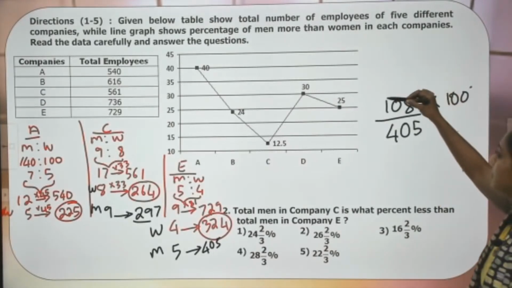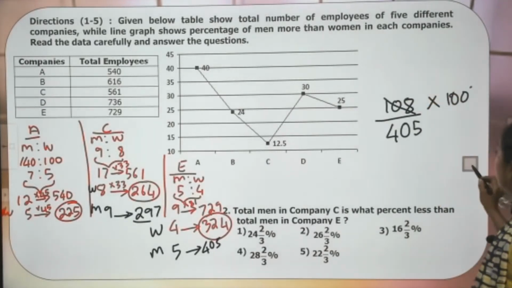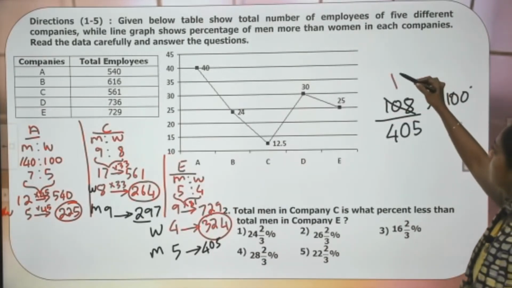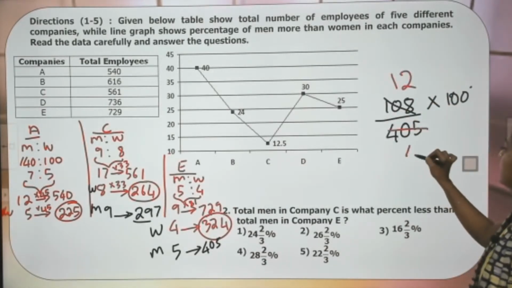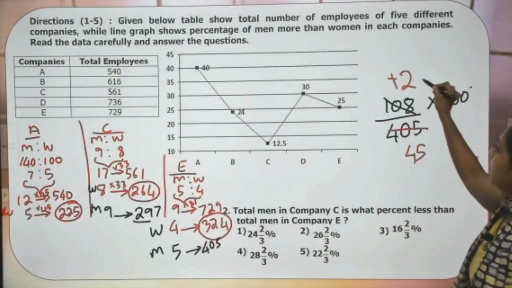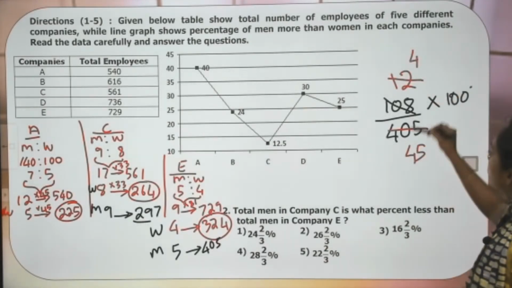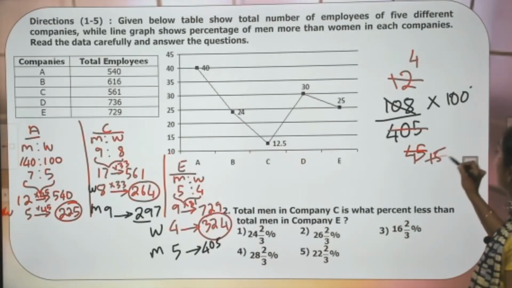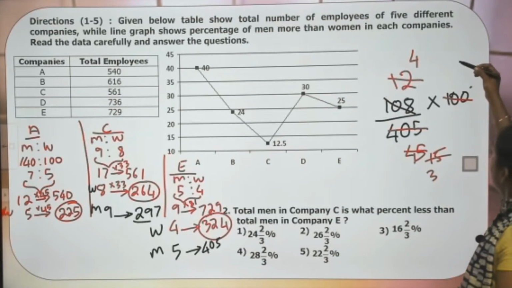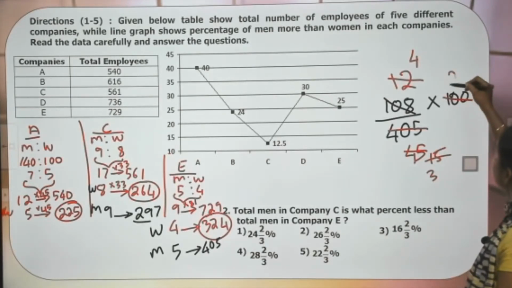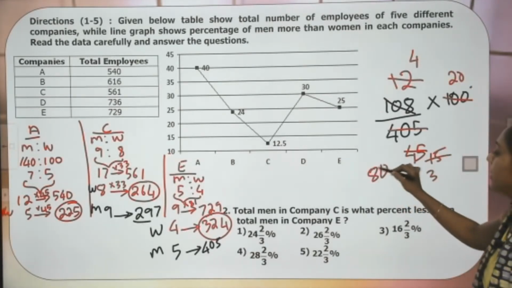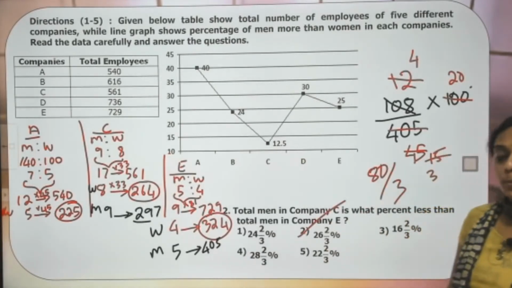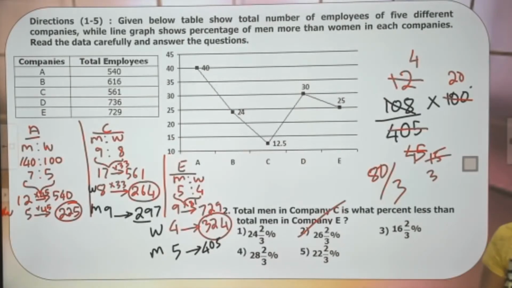Simplifying with 9, then cancelling with 3, this is 4 by 15, and cancelling 3 with 5, that is 80 by 3. 80 by 3 percentage is 26 2 by 3 percent, that is option 2. So the answer is option 2.